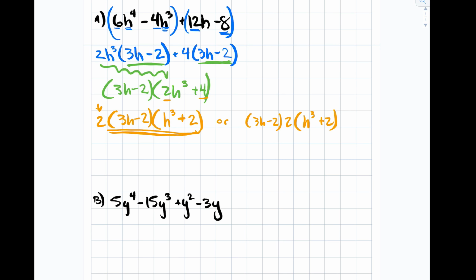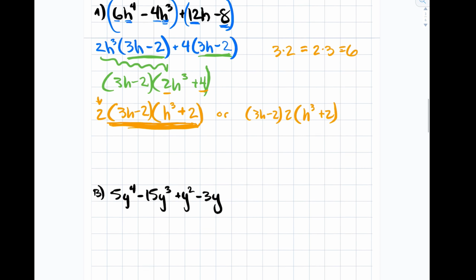The reason why is because multiplication is commutative. Commutative means 3 times 2 is the same thing as 2 times 3. Regardless of how you multiply it, you still get the same answer. Multiplication has the commutative property, so you multiply in any order. But this is how us math teachers and professors normally write this.